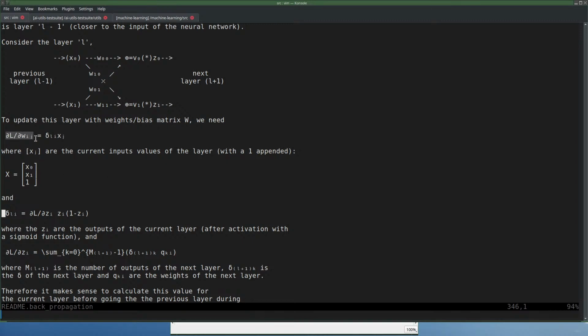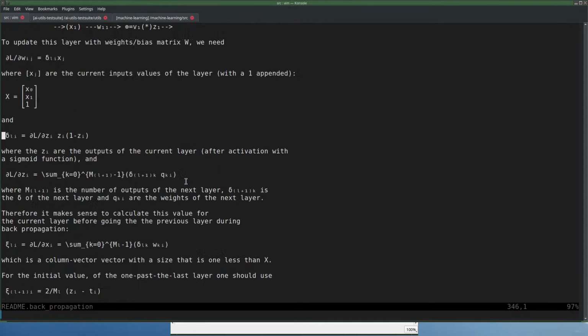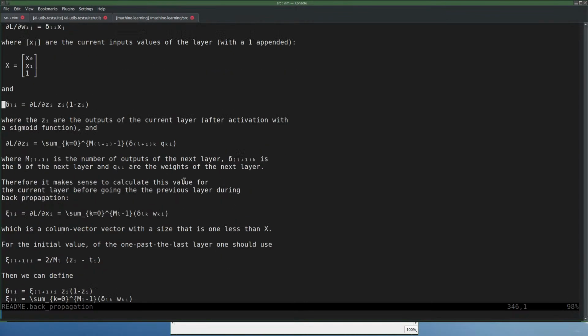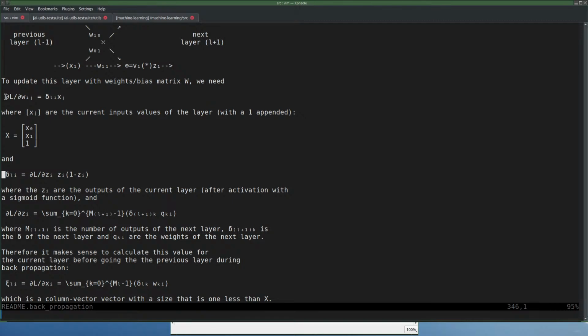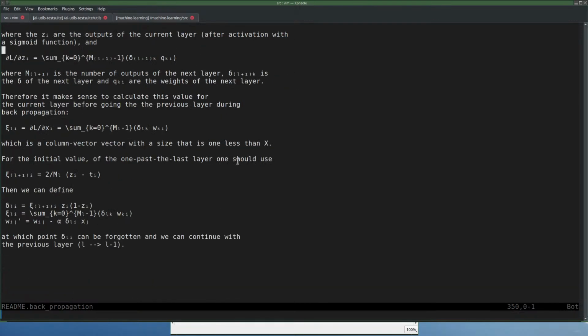And that is encapsulated in the delta, so the delta is what we propagate backwards, so that we can calculate this. But okay, I think I'm happy with that. We're going to calculate that.